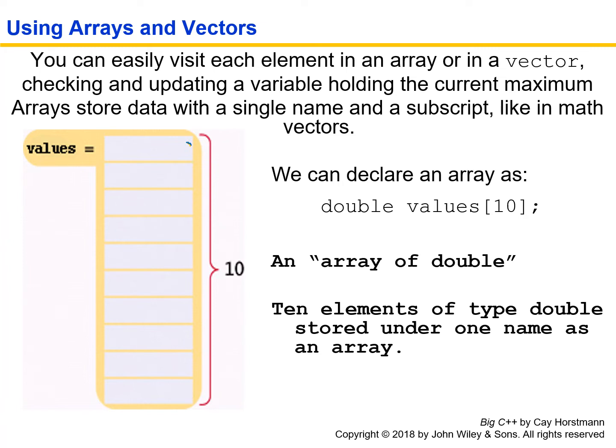We would check this spot and then this spot, and if this spot's bigger, we hold that one in memory, and then we check this spot, and if it's bigger, this spot, this spot. Every time we find a bigger value, we store that in memory as a value called largest, say, and we just have to iterate through the list once to find which value is largest. Much, much easier than all those ifs and elses we were talking about earlier.